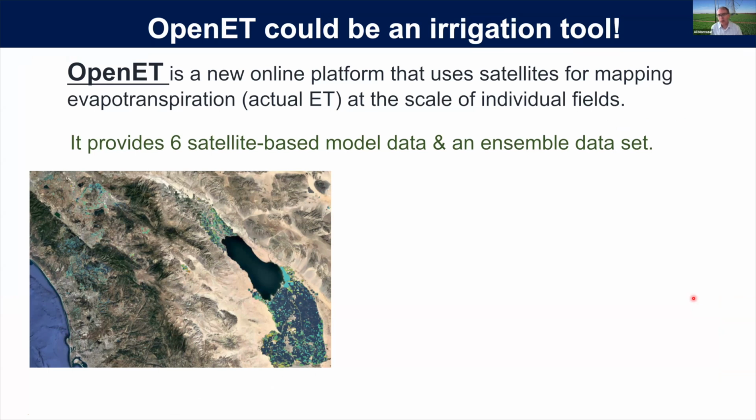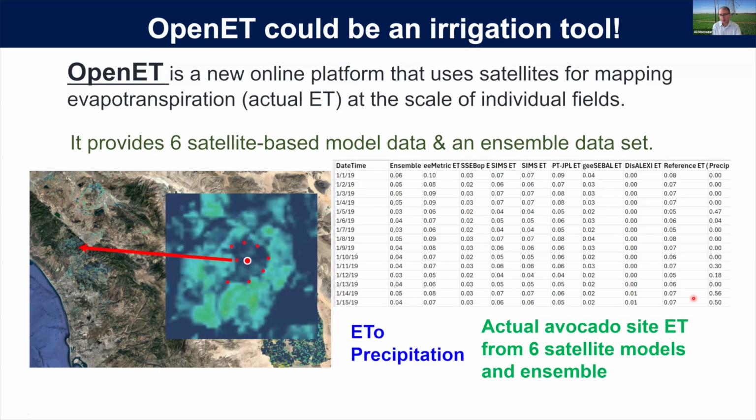This is a new online platform for mapping evapotranspiration at the scale of individual farms. It provides you daily and monthly ET data. It has 6 satellite-based models and also ensemble data, which is the average of those 6 satellite models.